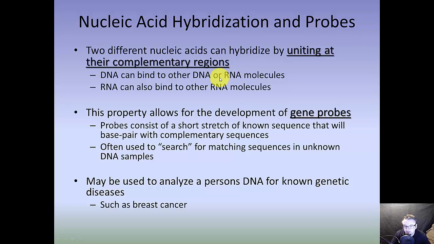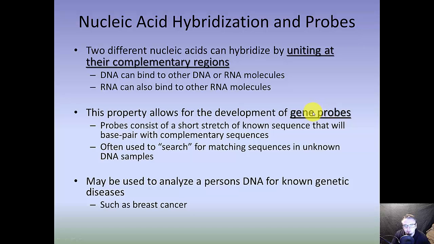And one of the problems then is that you've got so much genetic information that it becomes overwhelming. And what you really need is a way to find a sequence in a huge amount of DNA. It's kind of like trying to find a needle in a haystack is really a good way to think about it.